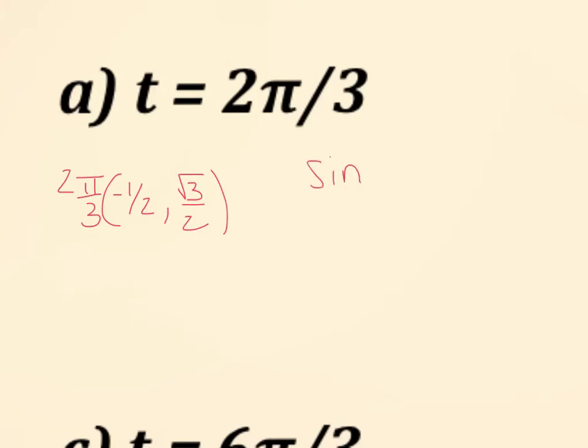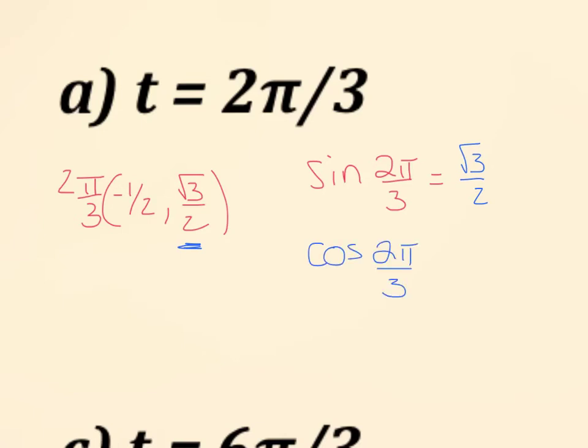So now I can find the sine at 2 pi over 3. What is that, Lockwood? Yes, it's your y coordinate. It's the y here in the coordinate point. So that's going to correspond to root 3 over 2. Cosine at 2 pi over 3 is what? Yes, it corresponds to the x in that coordinate point, which is negative a half.